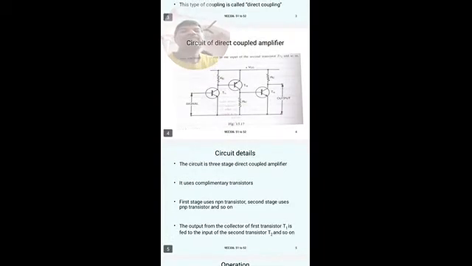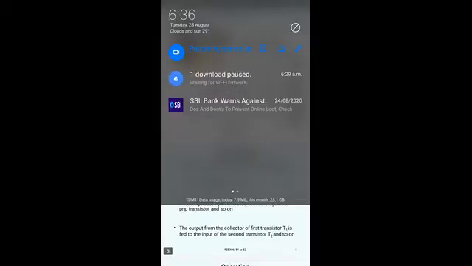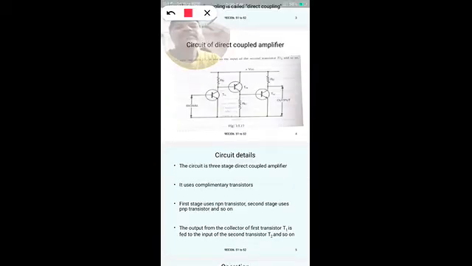The voltage produced across the collector resistor of transistor T1, the amplified output of the first stage, drives the base of the next stage transistor T2.